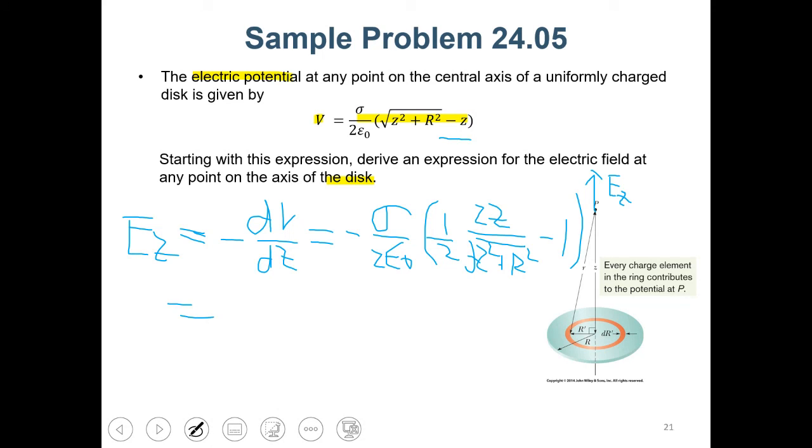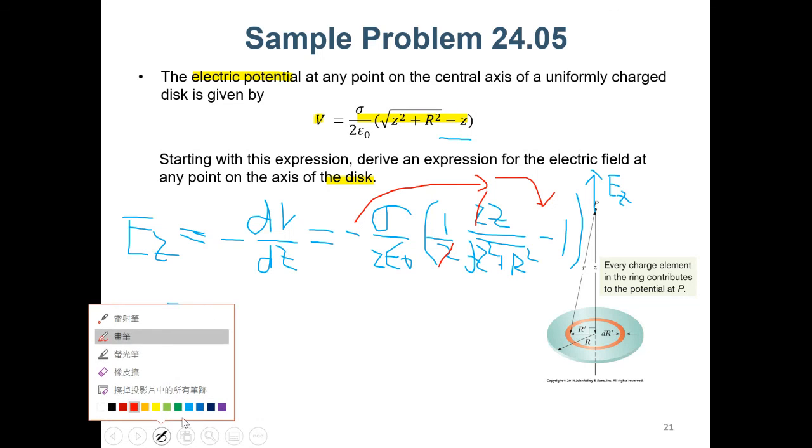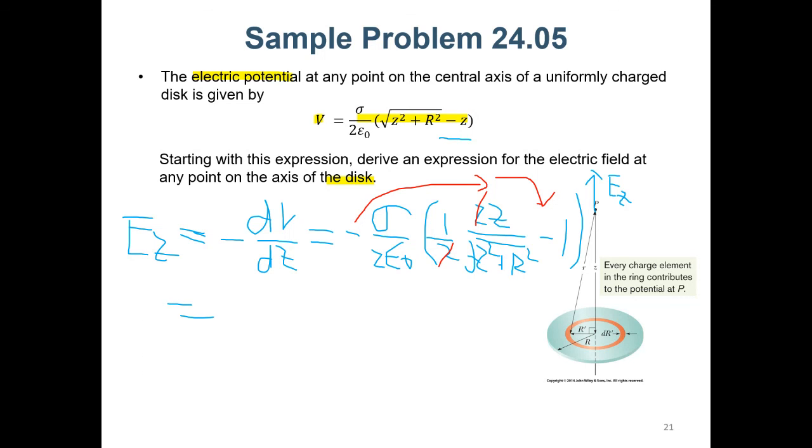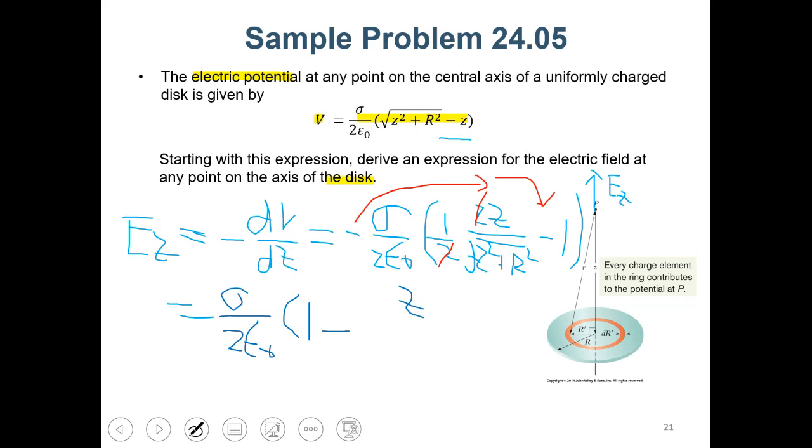Finally, the 2 and 2 can be cancelled. We can distribute the minus sign into here and here. So finally, we can write it as sigma over 2 epsilon naught times 1 minus z over the square root of z squared plus r squared.